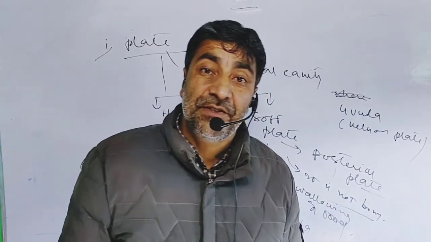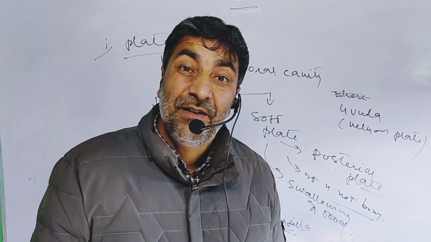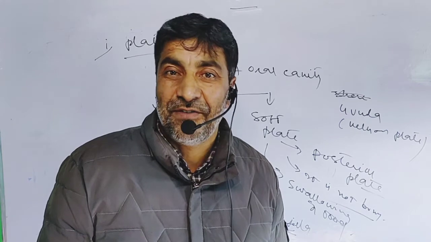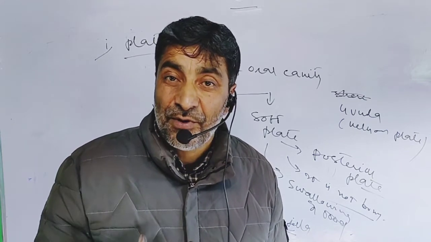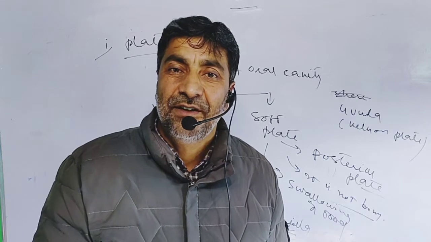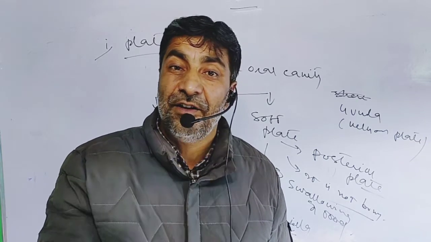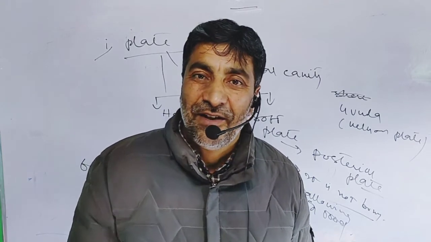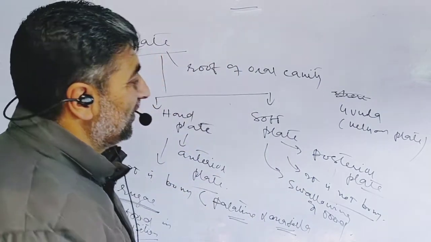What is the function of this uvula? It prevents entry of food into the nasal cavity during swallowing. When we swallow food, it enters the pharynx and esophagus. Food will not enter the nasal cavity because it is prevented by the uvula.